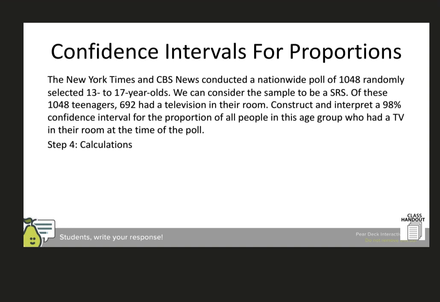All right, step 4, we're going to do our calculations. Remember our calculations for a confidence interval, looking at our notes, it's p hat plus or minus our margin of error, which is z star times the square root of p hat times 1 minus p hat over n. So p hat is our estimate, our sample proportion. That's 0.66 plus or minus z star, which was 2.326, times the standard deviation.